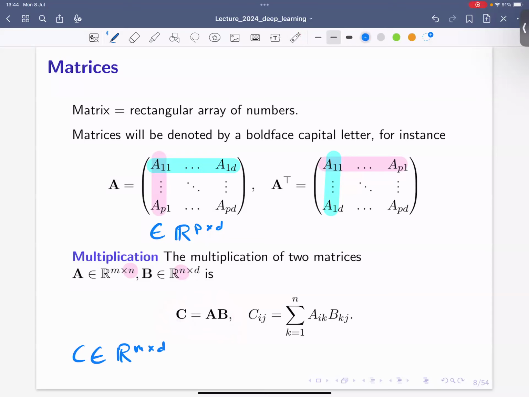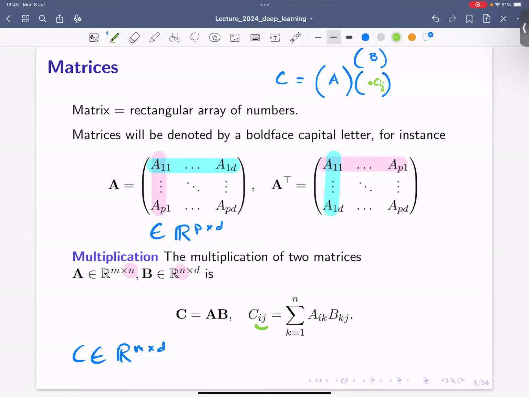So let's draw a little picture. We have that the matrix C is the matrix A times the matrix B. And now we'd like to get one entry of the C matrix. So specifically here, we want the ijth entry. So let's say this point here is Cij.